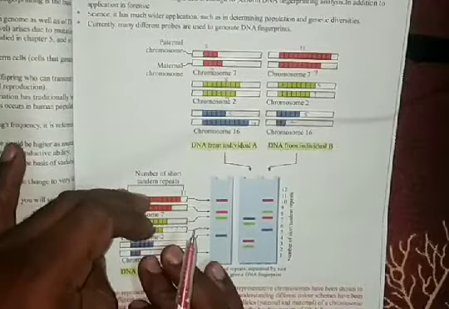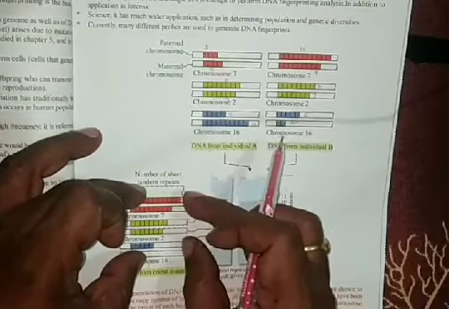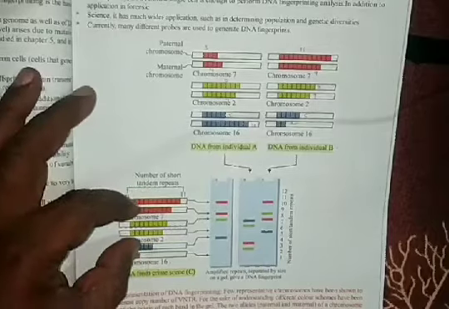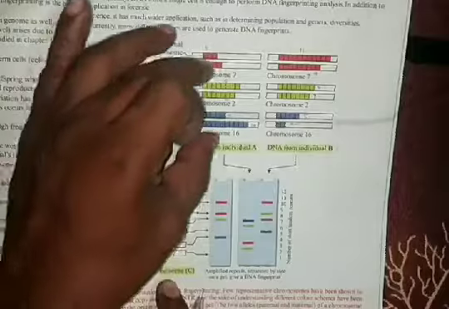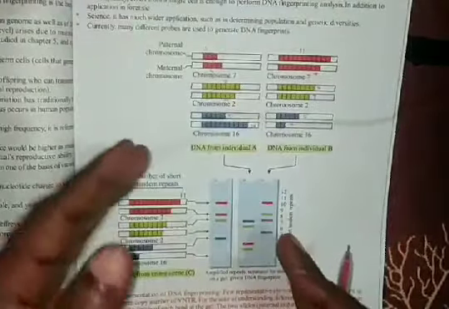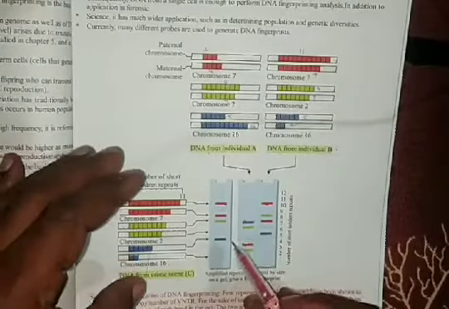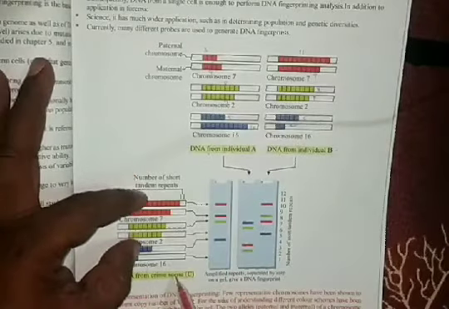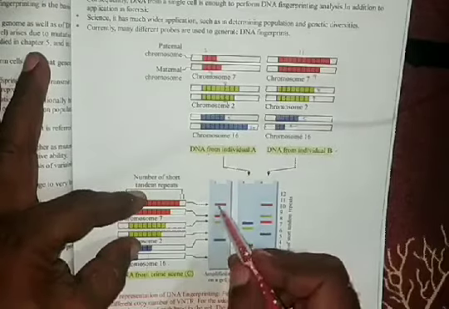When we compare the tandem repeats of the crime scene DNA with suspected A and suspected B, we can find the criminal.